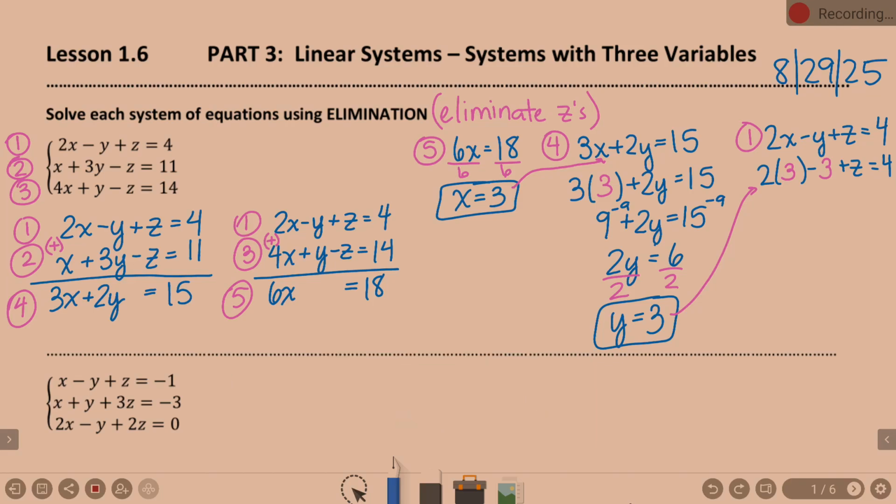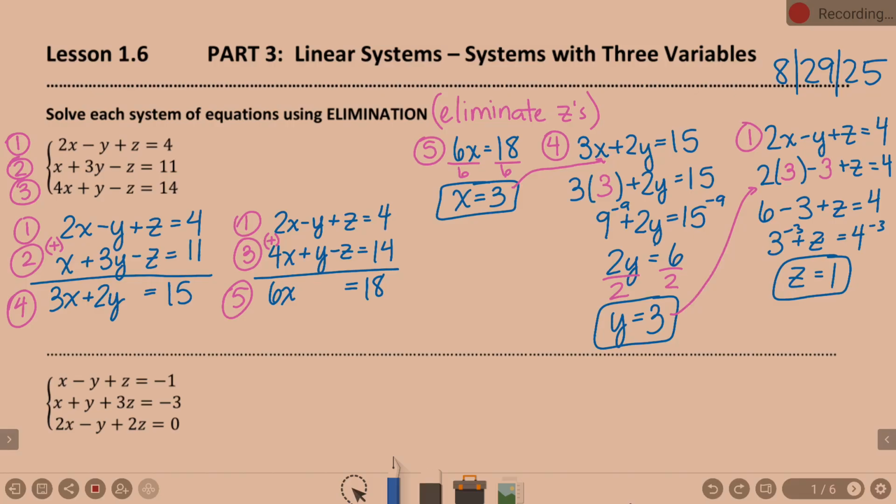And 2 times 3 is 6, minus 3, plus z equals 4. Keep cleaning it up. 6 minus 3 is 3, plus z equals 4. Since 3 is a positive 3 added to z, subtract 3, and z is 4 minus 3 is 1.